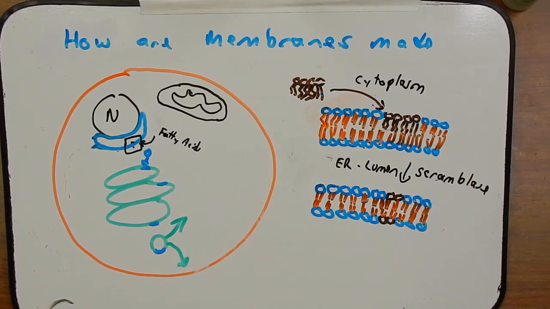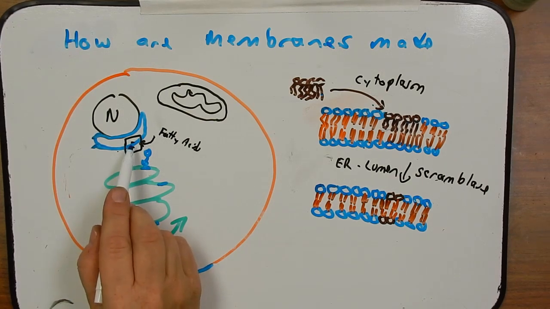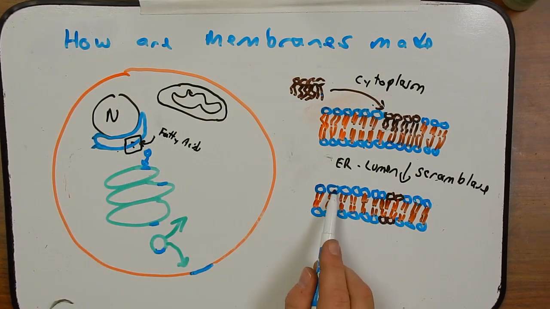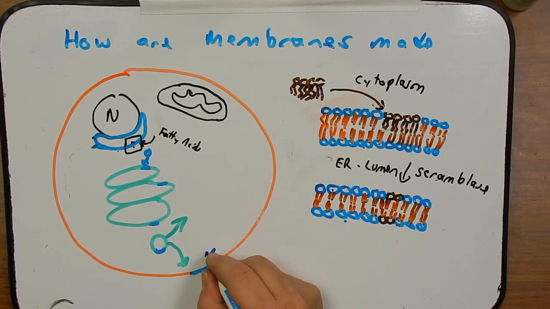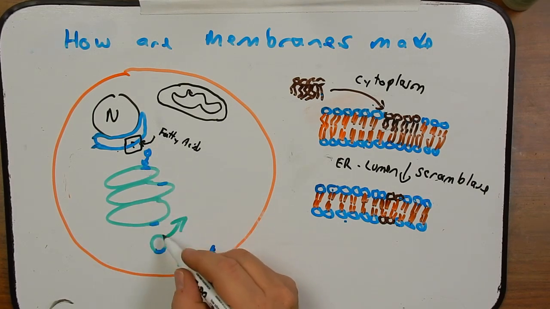But wherever it ends up, and let's just say it ends up here, this membrane that was made up in the ER here, that has a fairly even distribution of lipids on either side, we know that the lipids on the cytoplasmic face and the lipids on the external face of the cell are different. So how can we make this membrane switch around some so that the 2 sides are different?